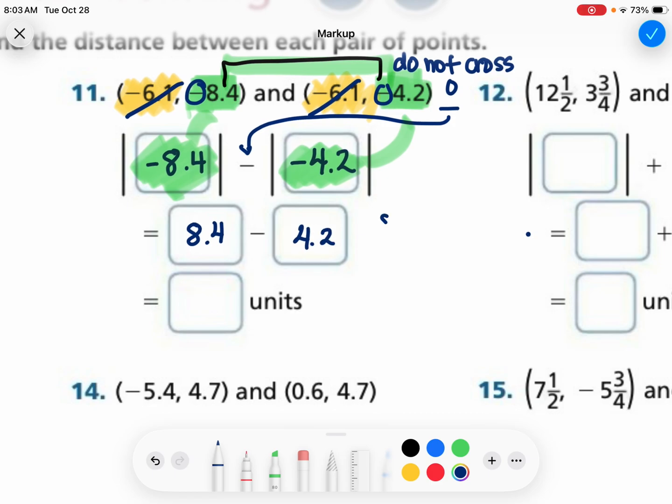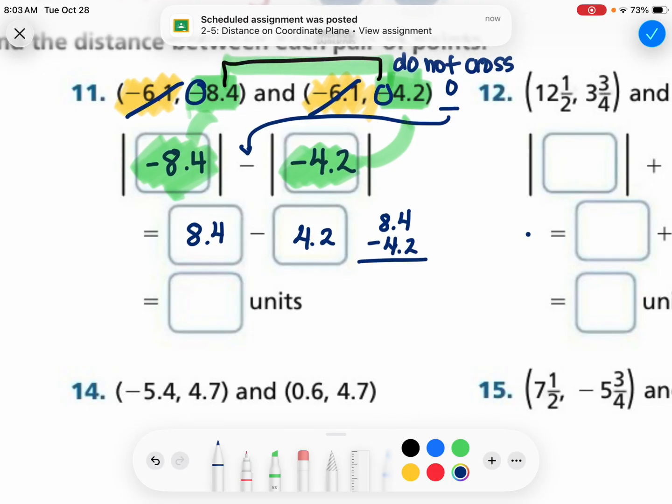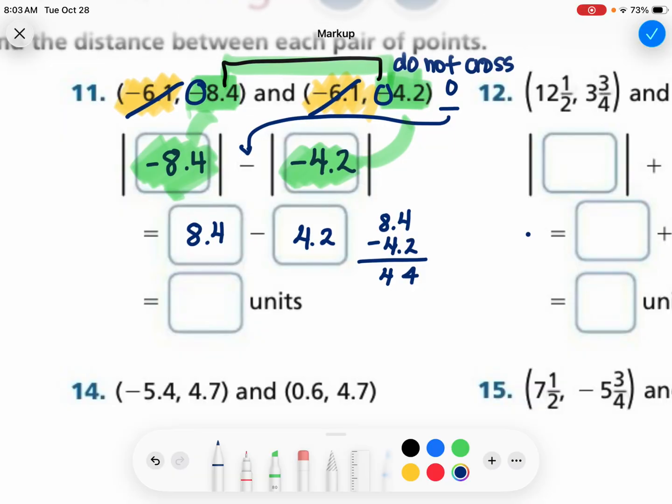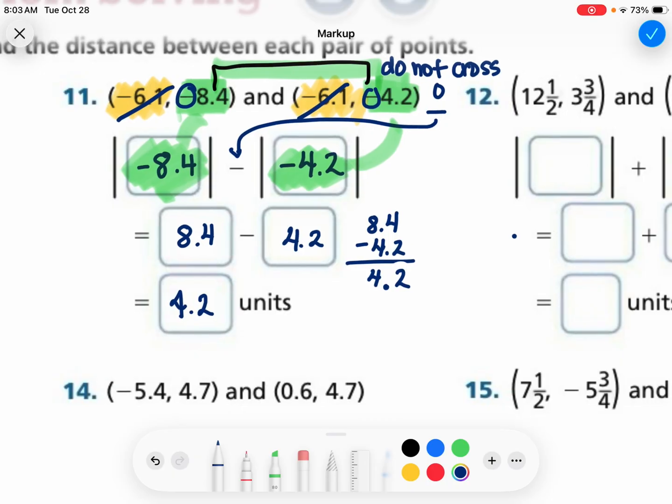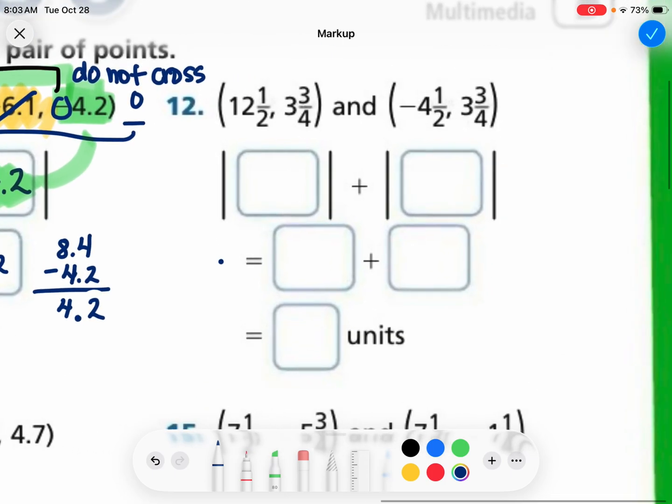So I subtract 8.4 minus 4.2. That's 4 and 4, and bring your decimal down. Why did I say 4, guys? Thank you to those of you who caught that. 4 minus 2 is 2. 8 minus 4 is 4. So 4.2 units.